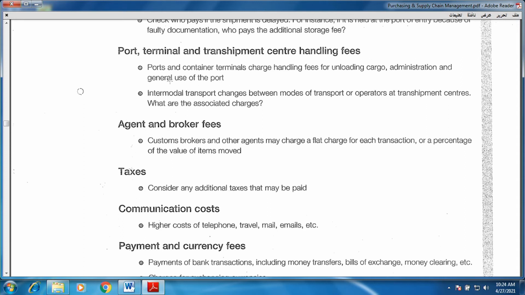There is administration money paid to the port. And there are charges paid for the operations of transshipment. It means if we have the goods in this area for some time and they have to go outside the country after some time.